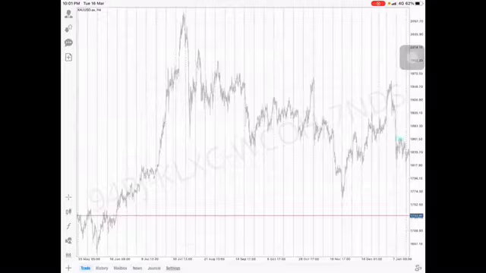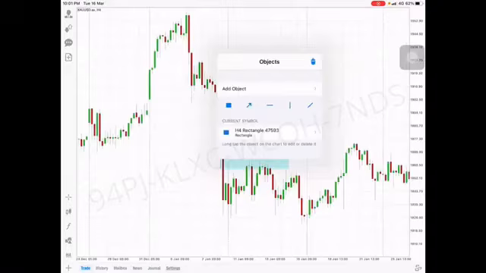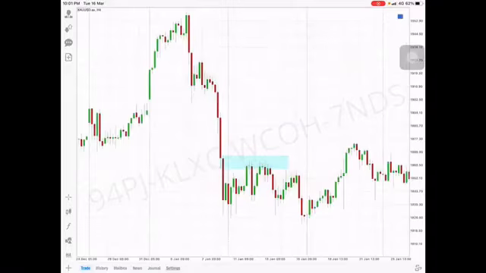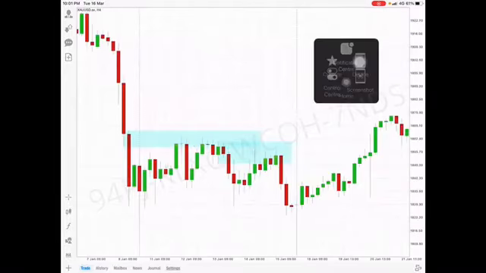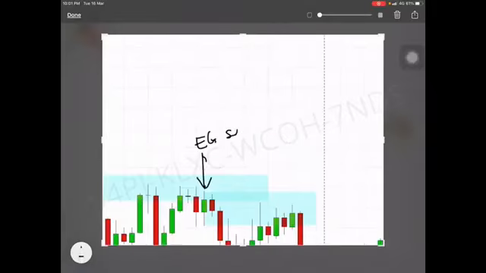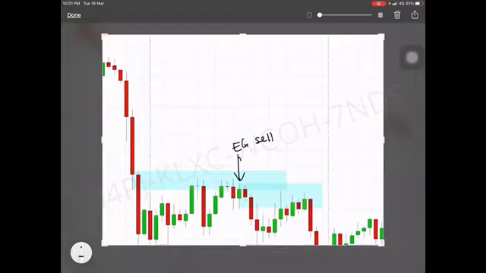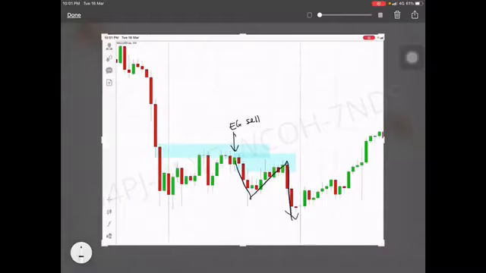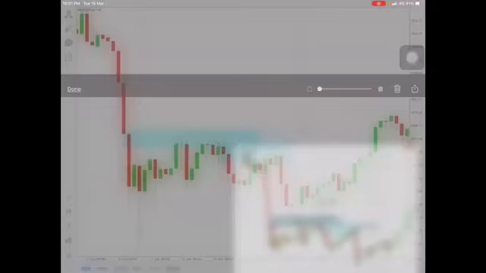So this is not your zone. This is the zone. You see when the price comes, you enter sell right here, but not this one. This one is not the zone. Right.